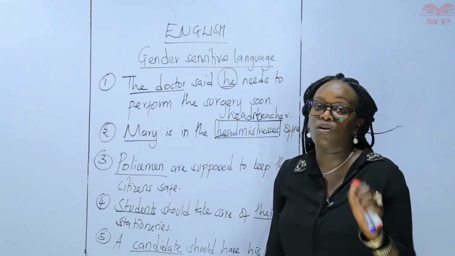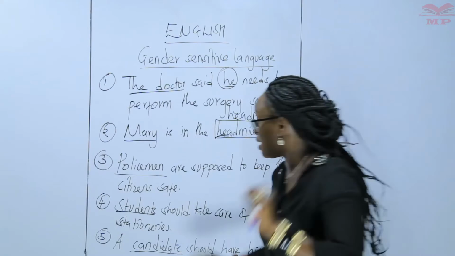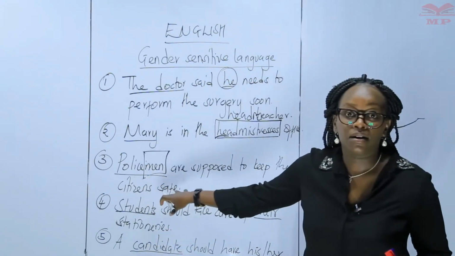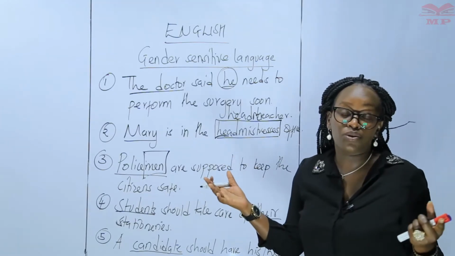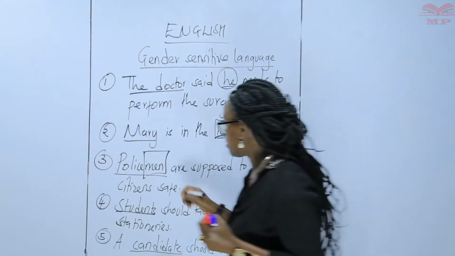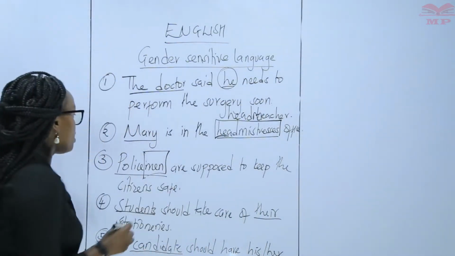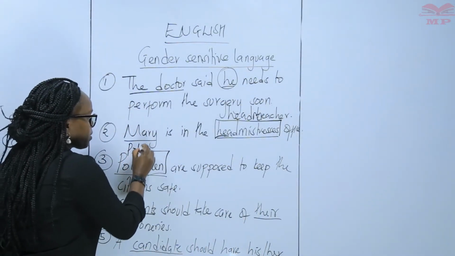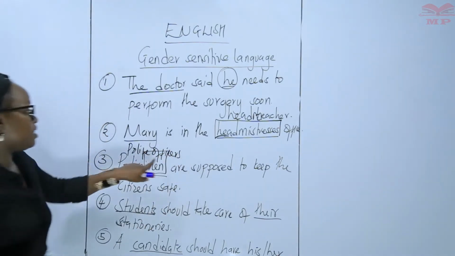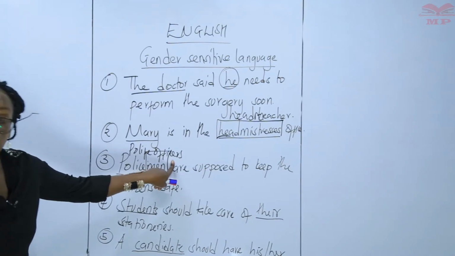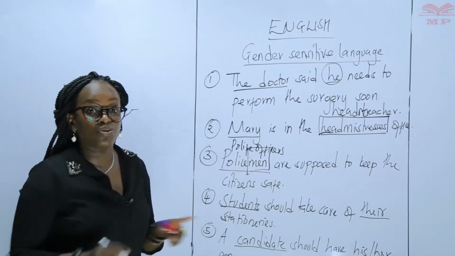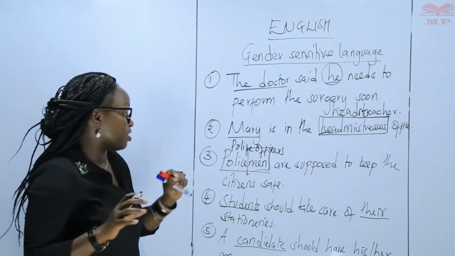So it is not all of them that are male. And when you look at this word, it is derived from the word man. Men is the word that we use to describe the people from the masculine gender. So instead of talking about policemen, you could use police officers. This term is gender neutral or gender sensitive because it is not used to refer to the male gender only or the female gender only.